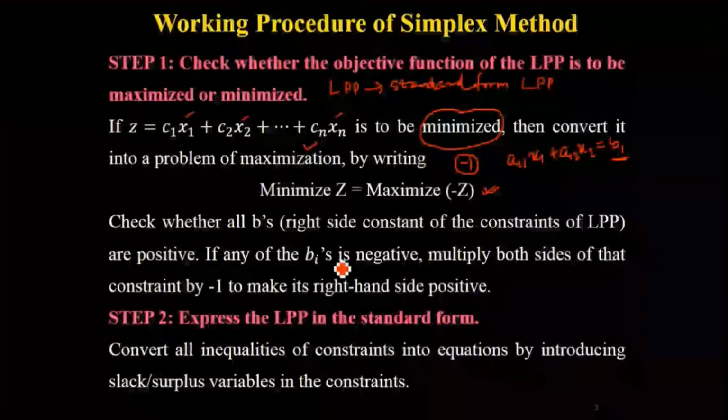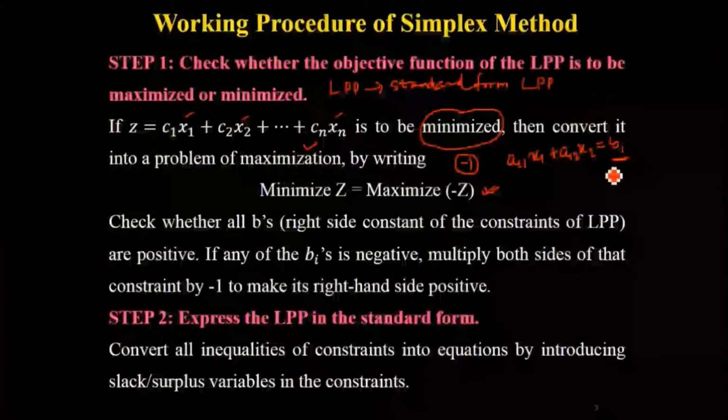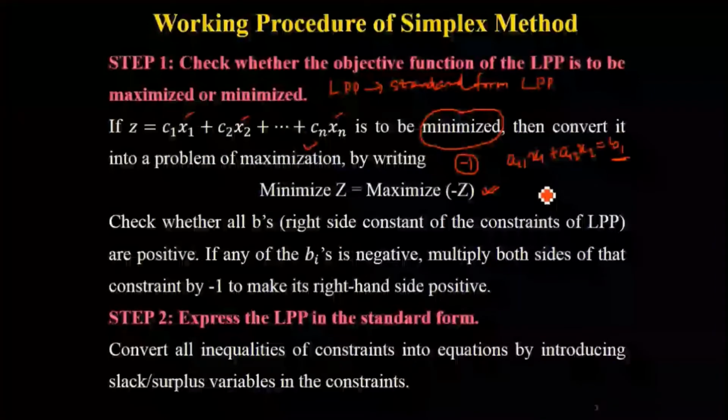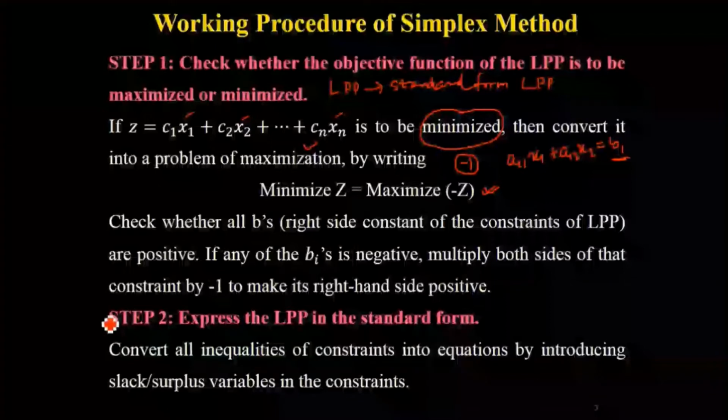If any of the bi's is negative, then you have to convert it into positive by multiplying by -1. Then only you can start. Understand, this bi or b1 here needs to be positive.